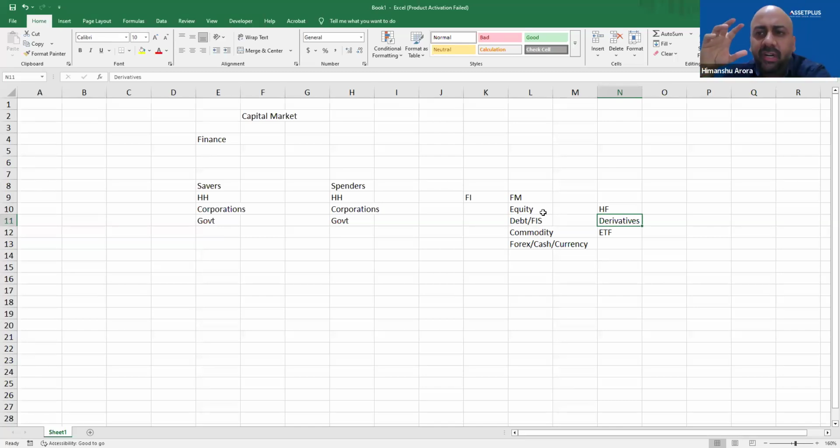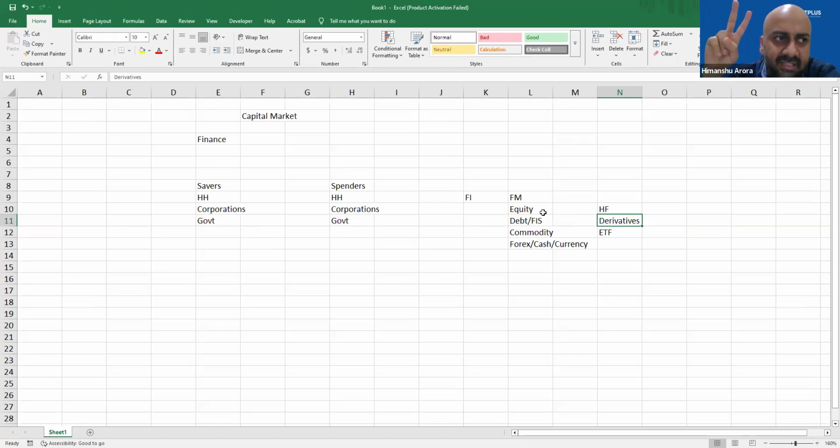Equity. What do you mean by equity? I will be talking to you from the standpoint of how the questions will be framed in the exam. Equity is the part ownership in the company. Why do people buy equity? People buy equity primarily for three reasons. One, capital appreciation.